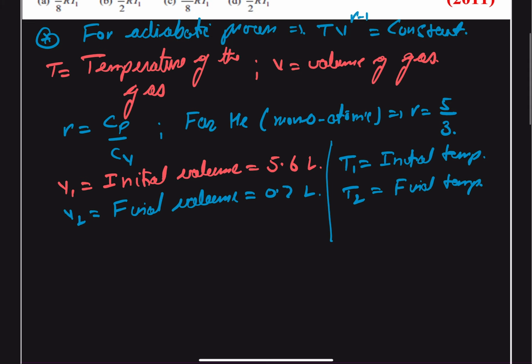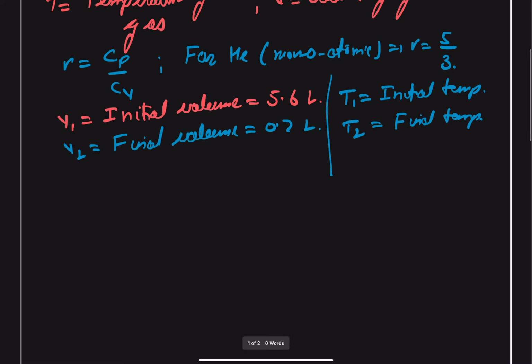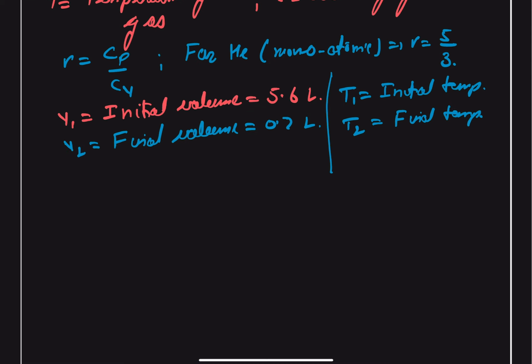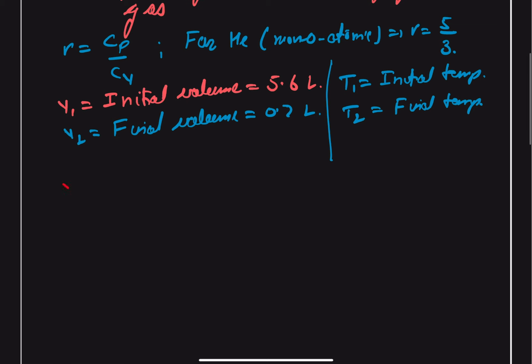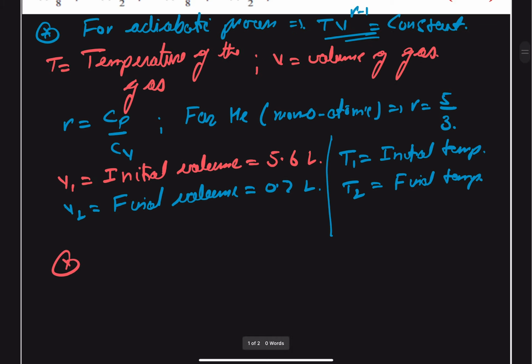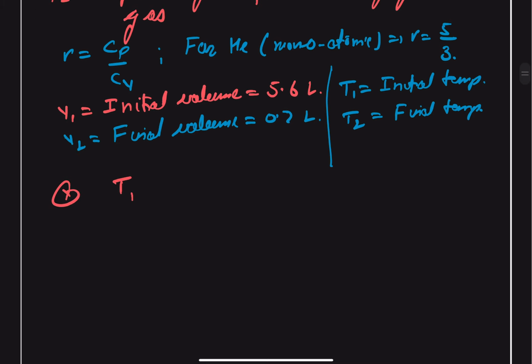So we can modify the adiabatic process equation for V1, V2 volume and T1, T2 temperature, and we can write it as T1 V1^(gamma minus 1) is equal to T2 V2^(gamma minus 1).